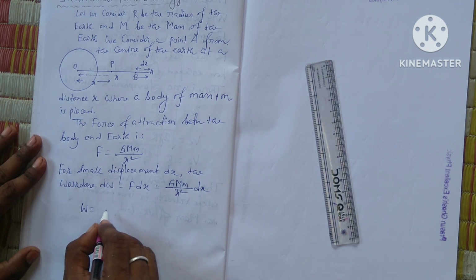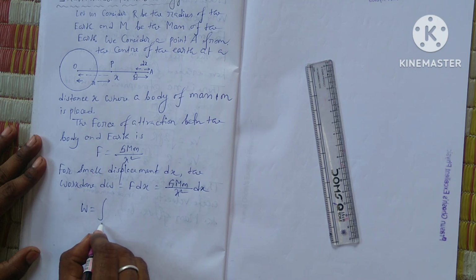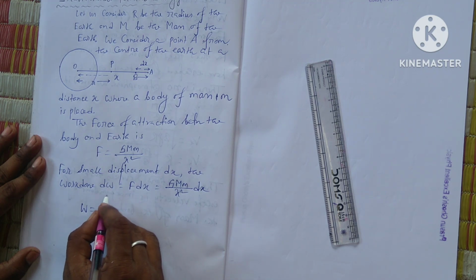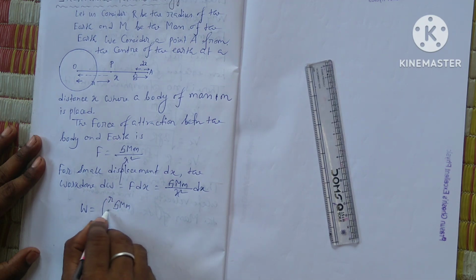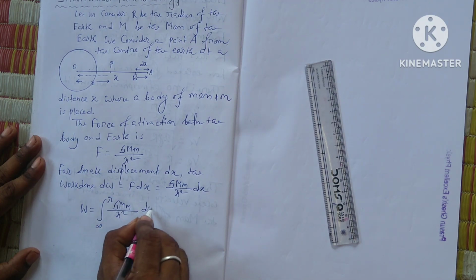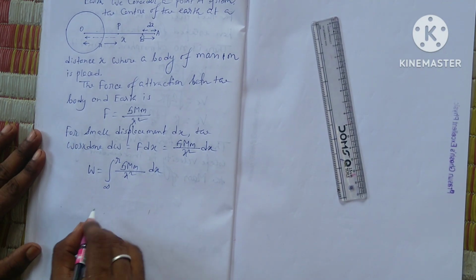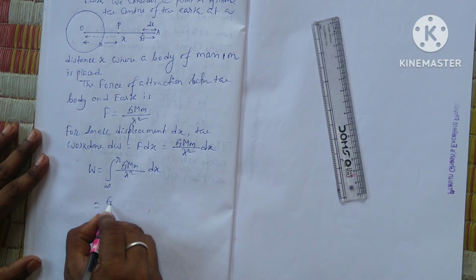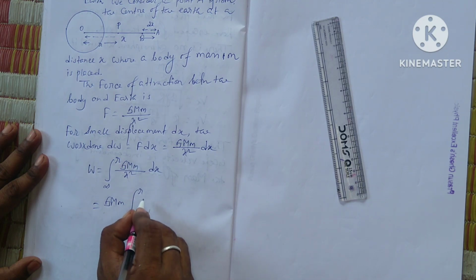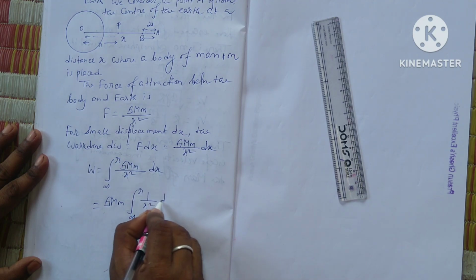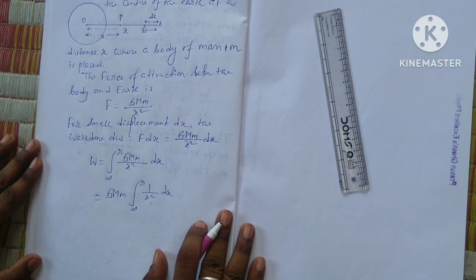W equal to integration from infinity to R, that is GMm by x square into dx. So GMm, so 1 by x square dx.